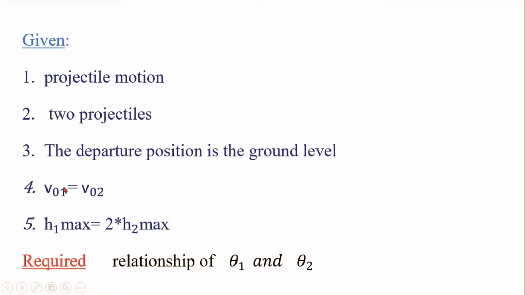Fourth, the initial speed of the two projectiles is the same. Fifth, the maximum height reached by projectile 1, h1 max, equals 2 times the maximum height reached by projectile 2. Required: the relationship of θ1 and θ2.